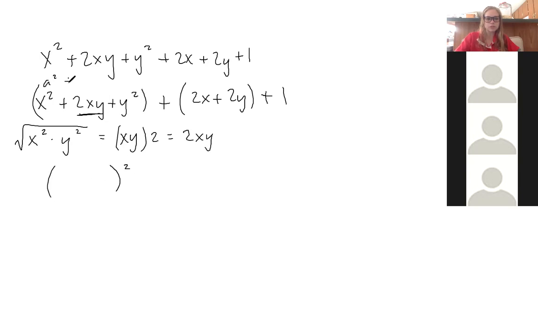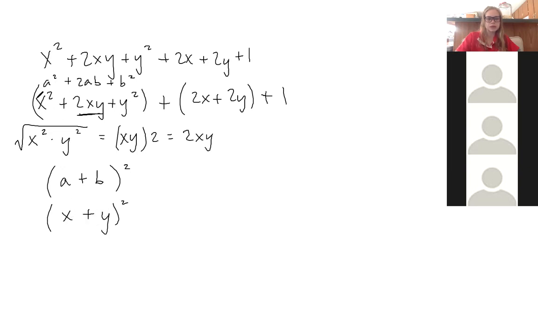Remember, this is a squared plus 2ab plus b squared. I can factor it like a plus b. So what would this term right here factor to? X plus y. There you go.